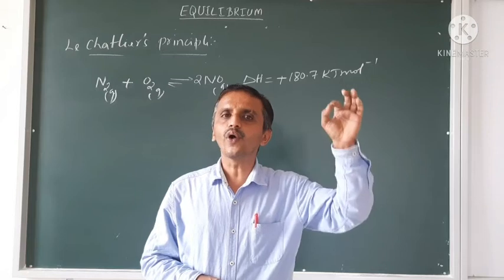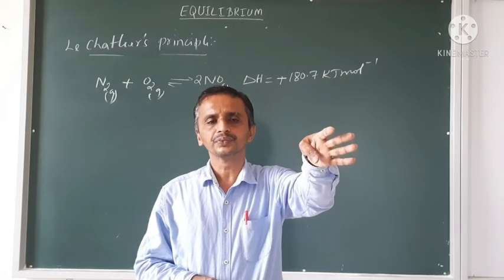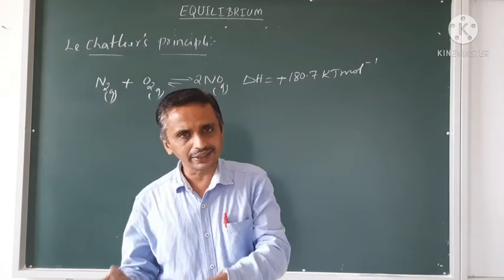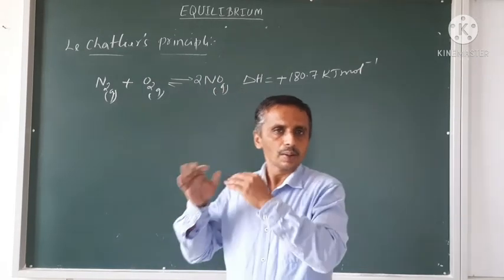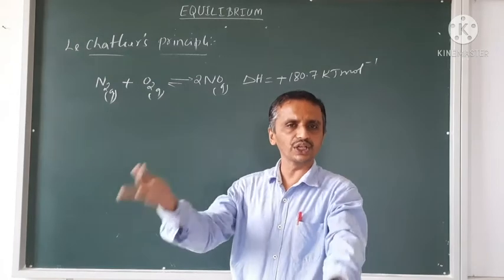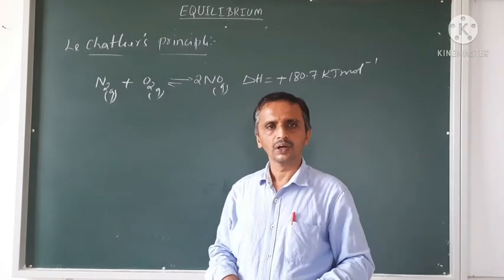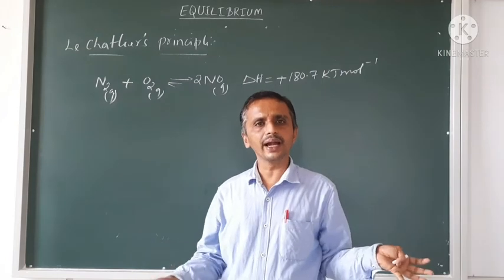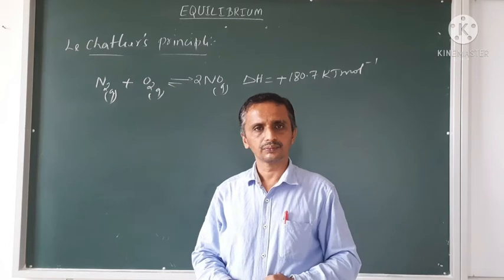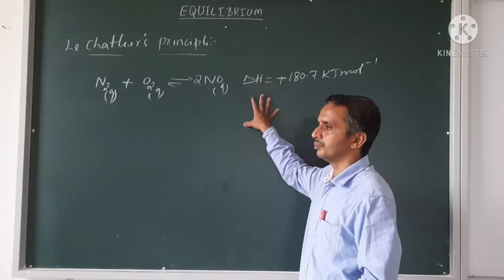So what will happen to a reaction at equilibrium if temperature is changed, pressure is changed, concentration is changed, or volume is changed? How to change the volume? By adding inert gases. What will happen to the reaction at equilibrium?